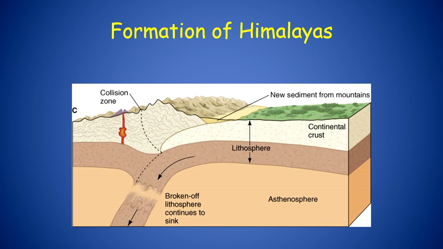So, the volcanic activity ceased on the Tibetan side, and then there was a collision which resulted in the formation of Himalayas. Okay. And at the same time, we also had a formation of basin on the foreland side, and that is what we have as the Indo-Gangetic plains.